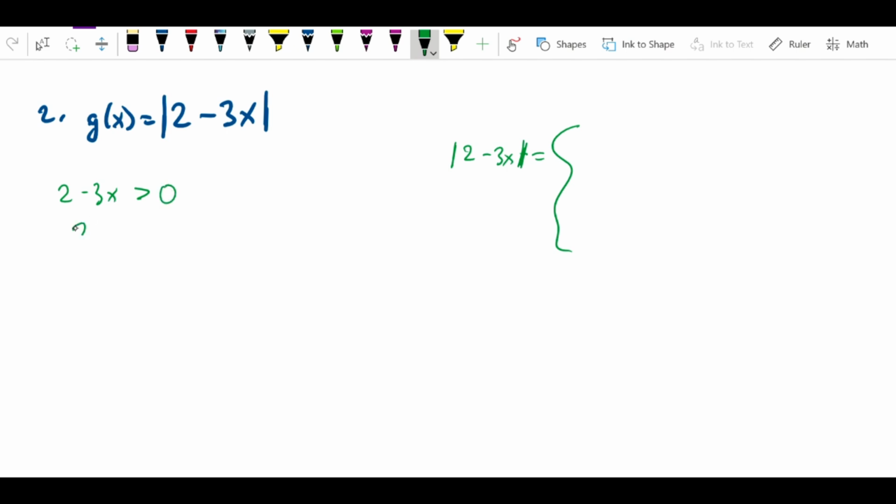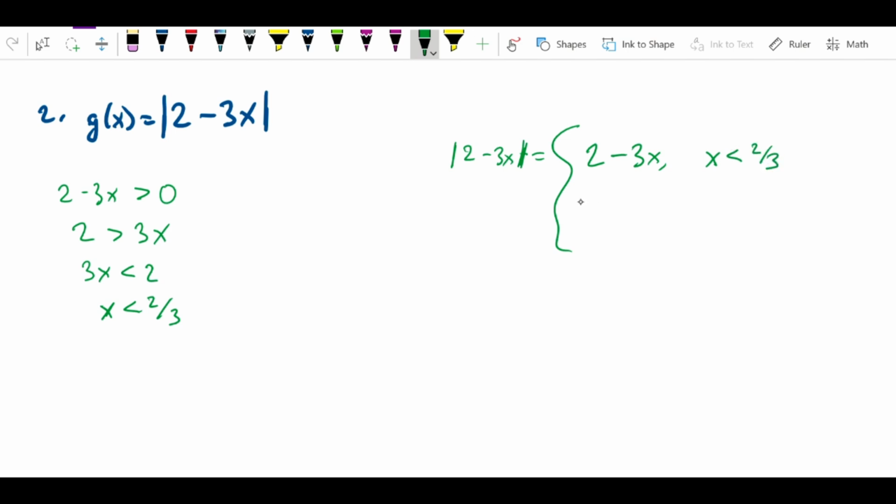That's going to give us 2 is greater than 3x, just moving the negative 3x over to the other side, or adding 3x to both sides. So that gives me 3x is less than 2, or x is less than 2/3. So what I can do is say that the expression is going to be 2 minus 3x whenever x is less than 2/3.